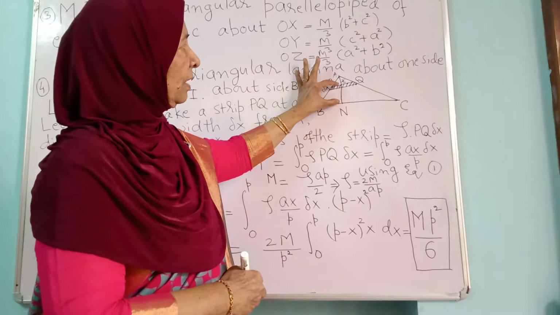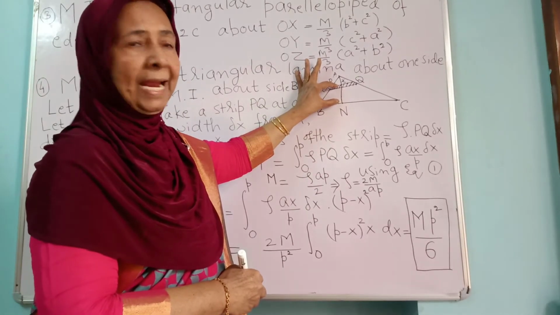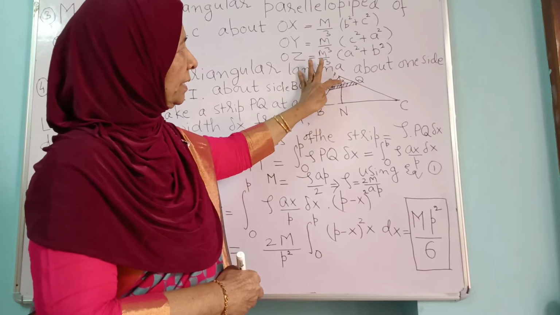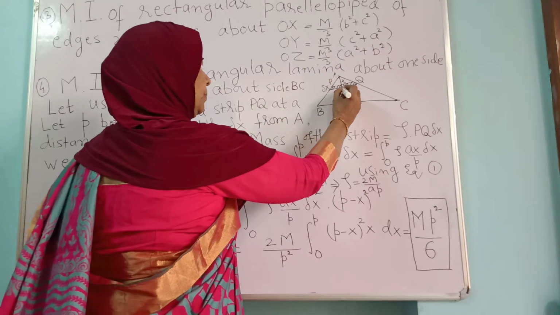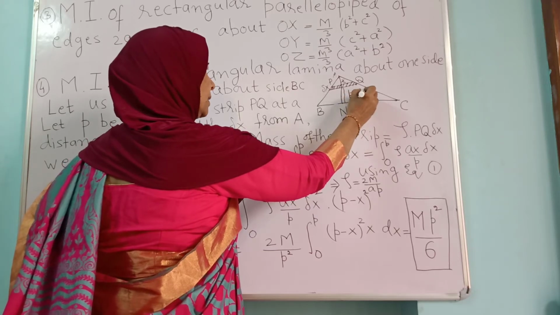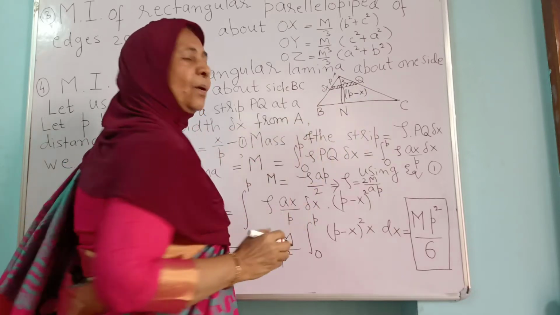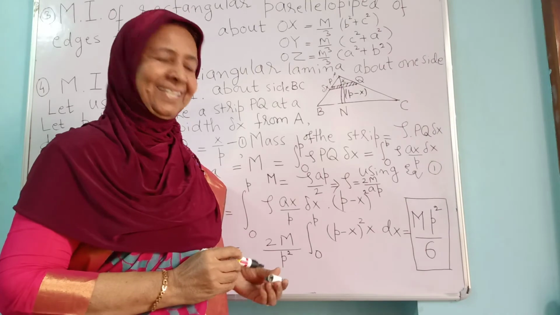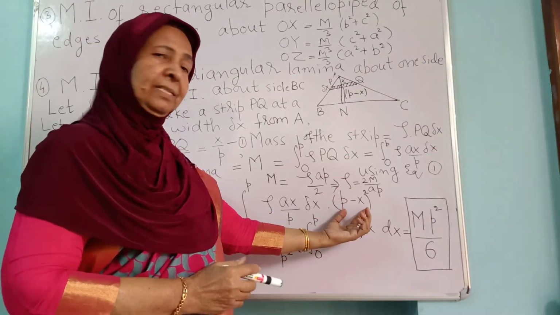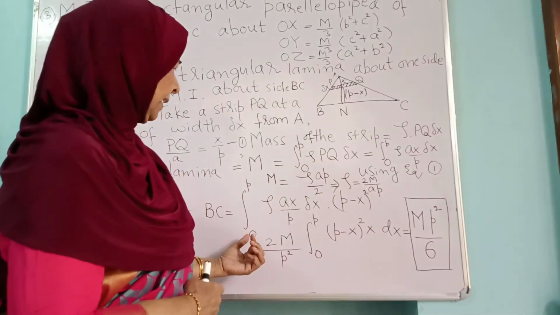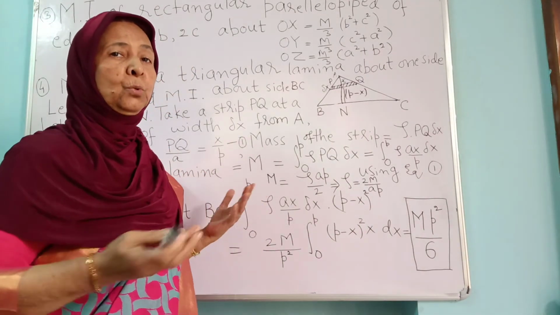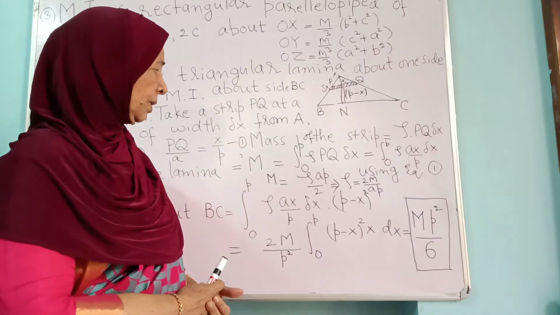So this will be the length, and the total length is p, this is x, so this much becomes p minus x. Okay. So mass into perpendicular distance square integrated within the limits 0 to p will give you the required result.